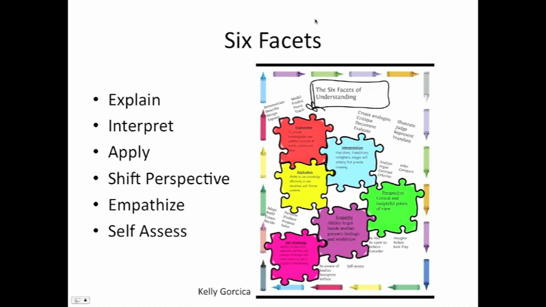Maybe it's understanding a process or understanding how that process relates to other parts of other disciplines. Empathy is part of that as well, to understand the worldview. And then assessing self-knowledge. Do I know? What do I know? What did I learn? And having that sense of reflection.